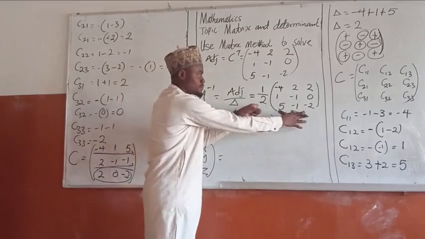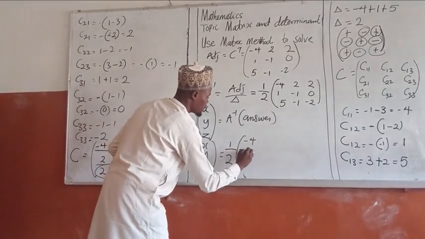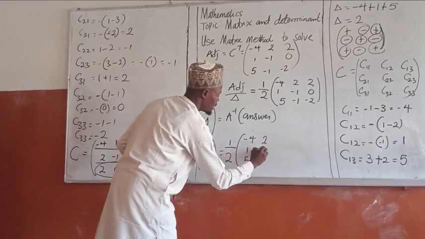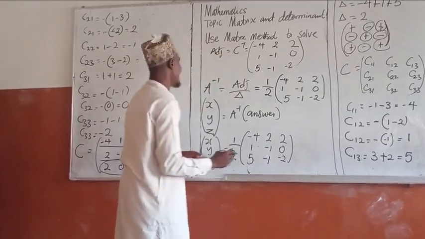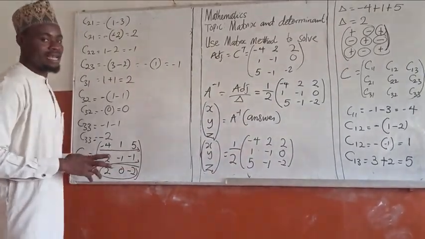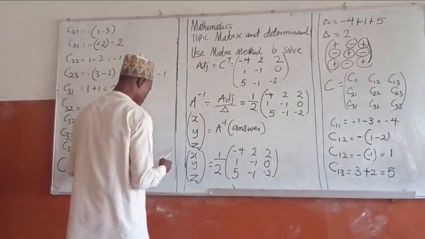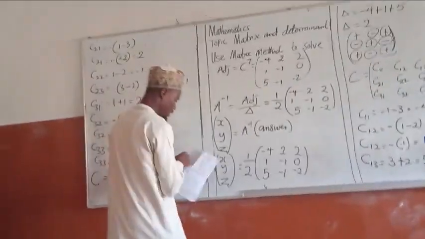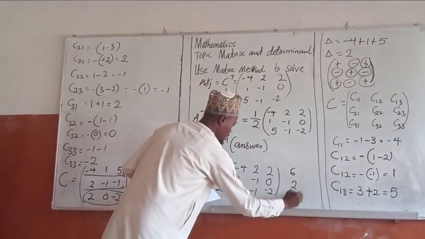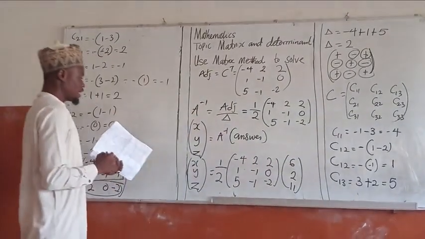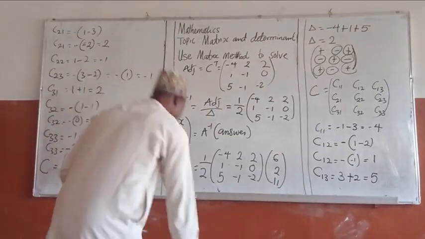This is my inverse: 1 all over 2, open bracket, -4, 1, 5; 2, -1, -1; 2, 0, -2, multiplied by the answer given in the question. And the answer is 6, 2, and 11. If you multiply this, we should be able to find X, Y, and Z.